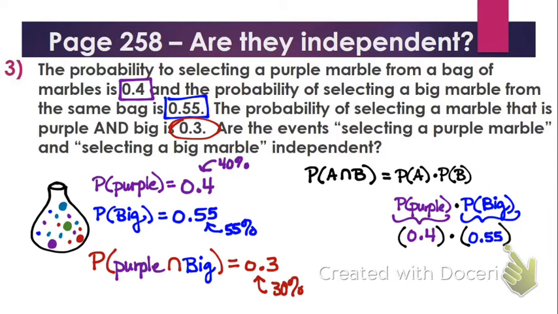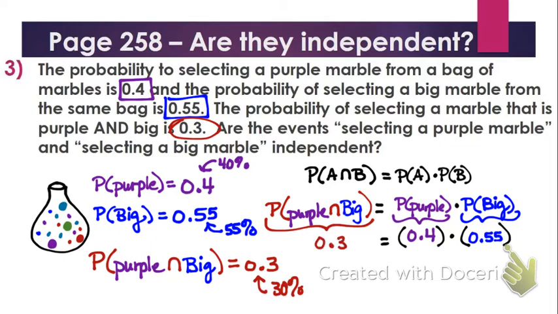I want to test to see if that is equal to the probability that we grabbed a big purple marble, so both big and purple. What did we say the probability of that was? 0.3 or 30%.